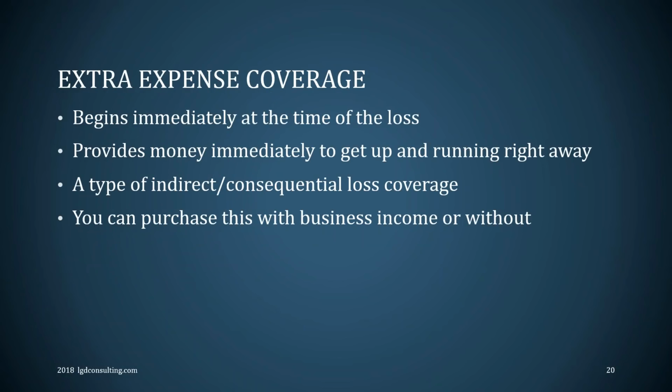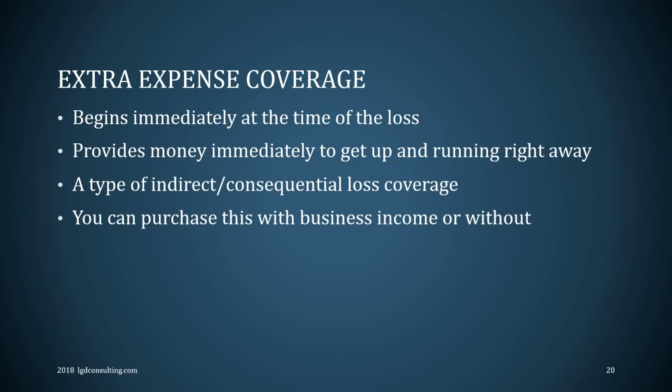Another indirect loss coverage is extra expense coverage. Now, the difference between this and business income is this pays immediately right at the time of the loss. Right? Gives you money right away to get a location, get some machinery, equipment, and get up and running as soon as possible after a loss. Right? So let's say you have a daily newspaper that you print up for local residents.